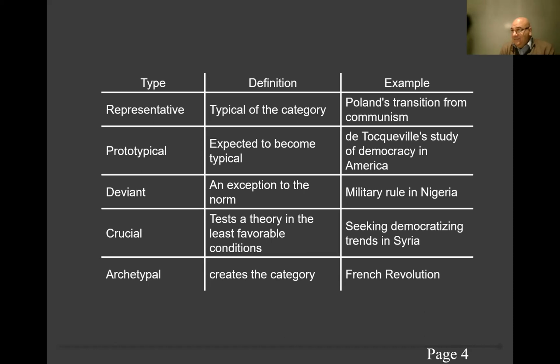Archetypical. It forms the category. The classical case is the French Revolution, because there is no revolution before the French Revolution. The French Revolution formed the concept of revolution. What's the revolution? A rapid, radical change.